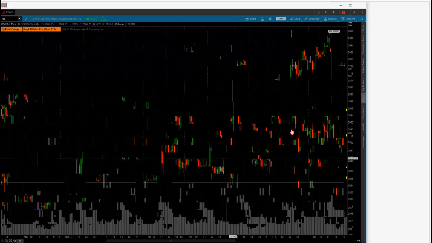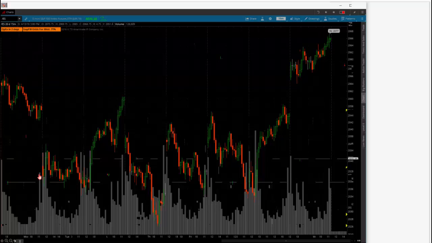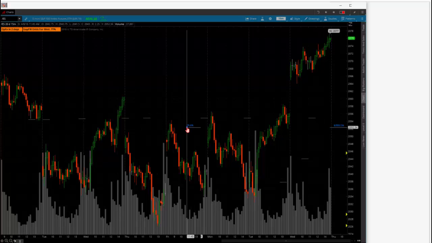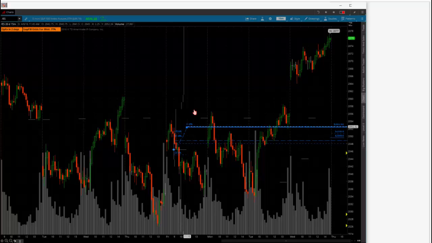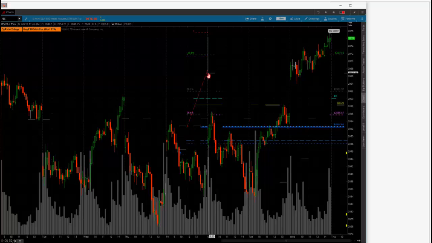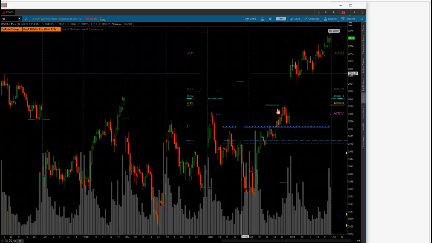What you're going to do is pull up your fib tool on the left-hand corner, and then you left click. If you have Thinkorswim, if not, we can show you how to set it up. You just left click anywhere on the chart and then left click again, and that's your anchor, and then that's your pivot. So the anchor is where you start to draw, the pivot is where it ends.